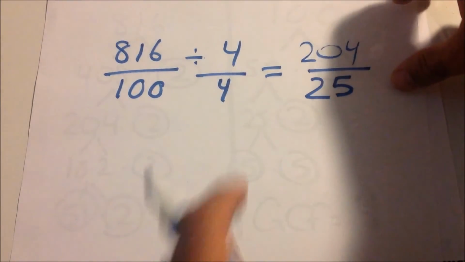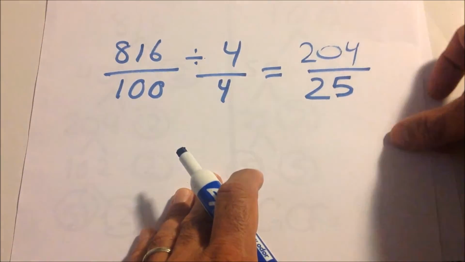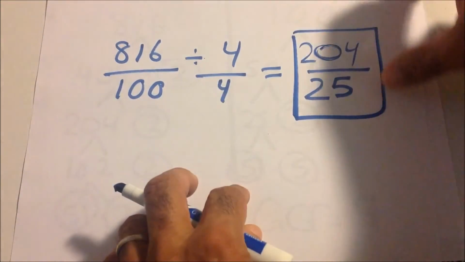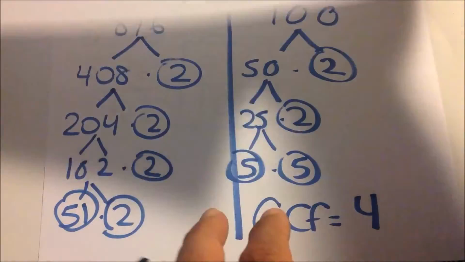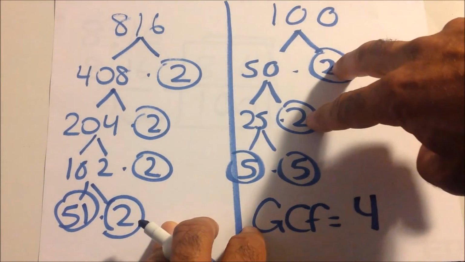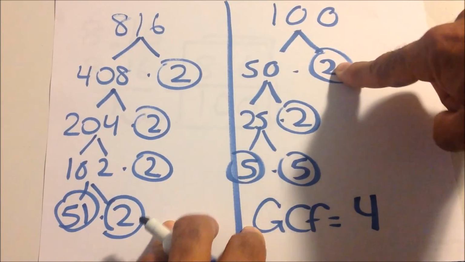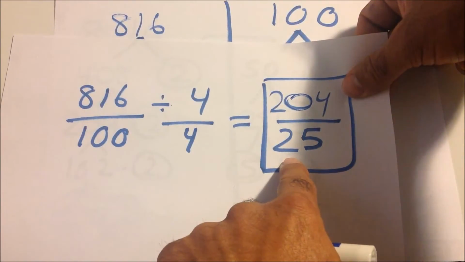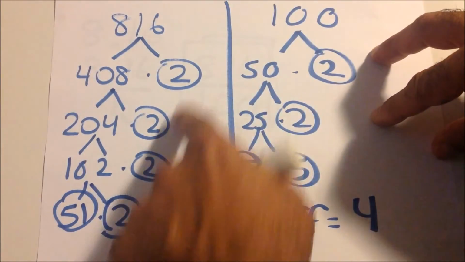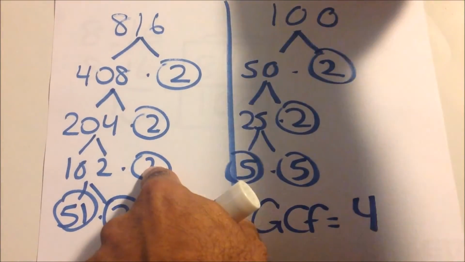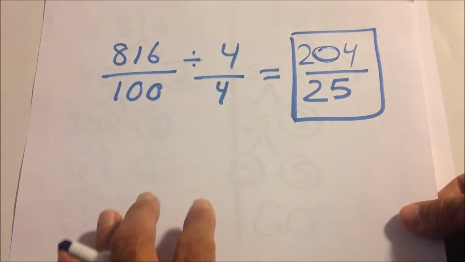Now there's an easy way to get what the fraction is in simplest form without even dividing. You can multiply by looking at this. Since the GCF is 4, if you get rid of the 2 2's that make the 4, you're left with 25. There's the 25 on the bottom. Get rid of the 4's here, and you're left with 51 times 2 times 2, which is 204.